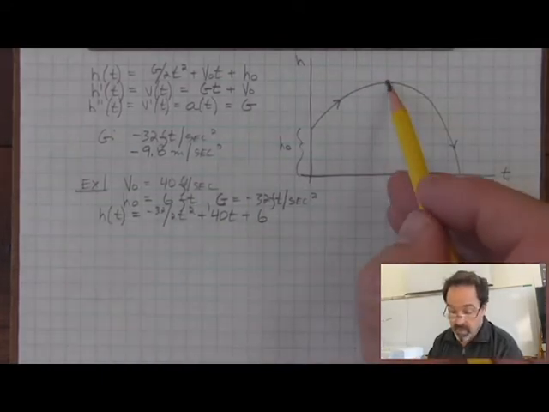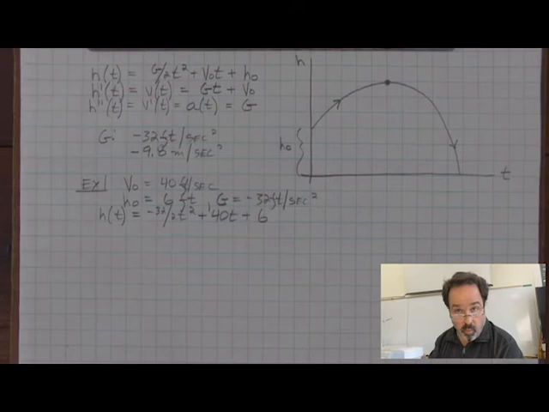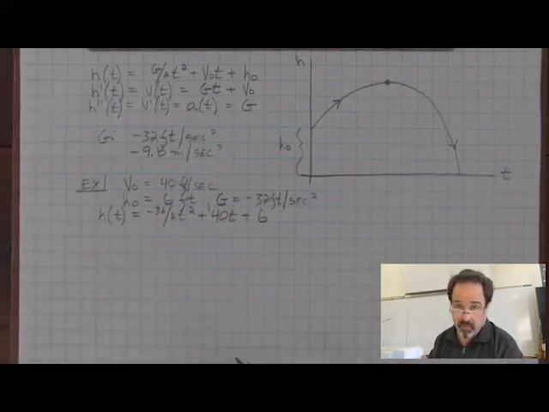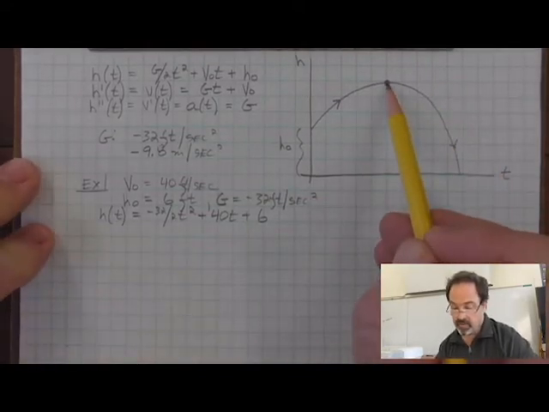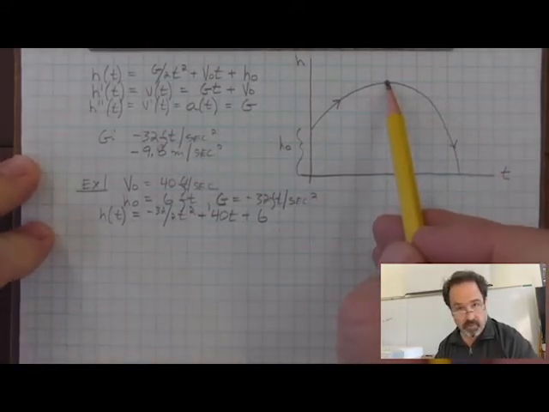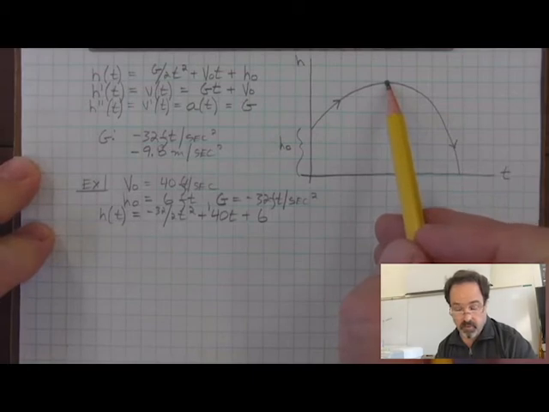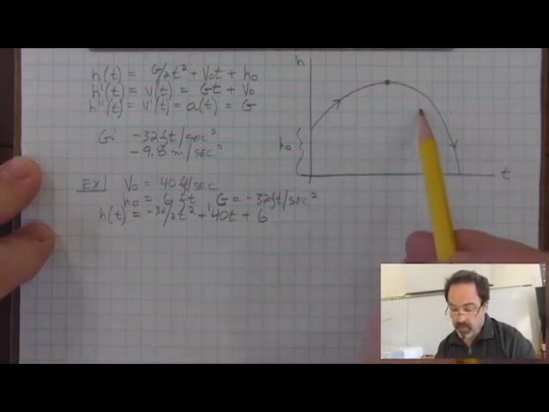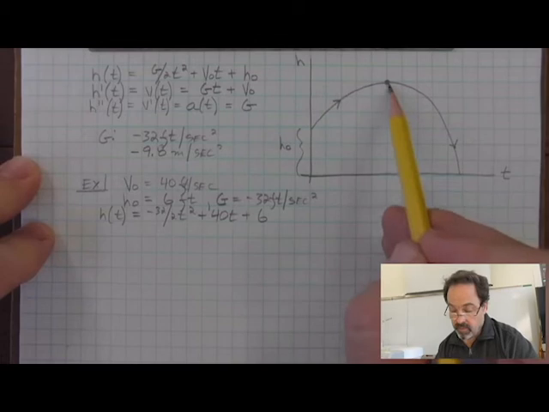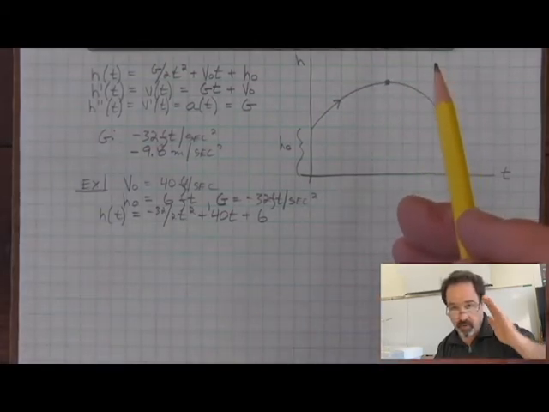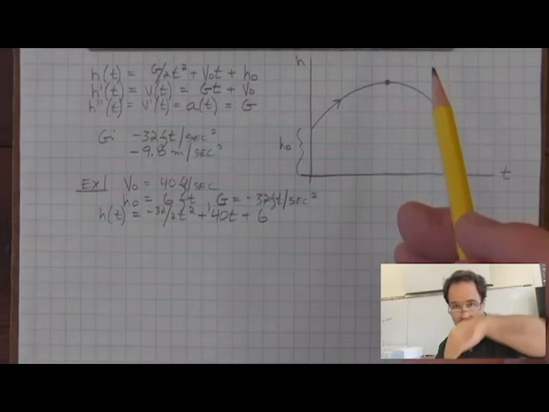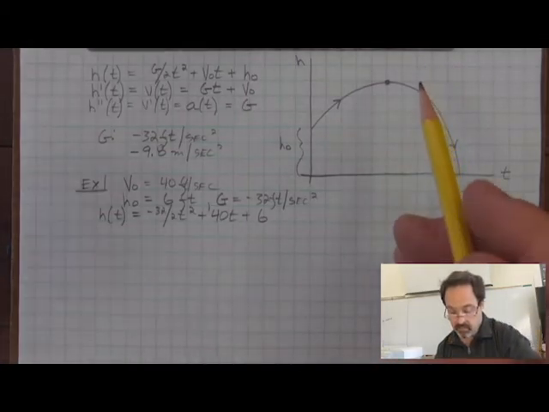We're looking for the maximum, or when the ball reaches its maximum, we're looking for a t value. We are going to find that by setting the derivative equal to 0. A maximum will reach its height when the derivative is positive, becomes 0, and then is negative afterwards.